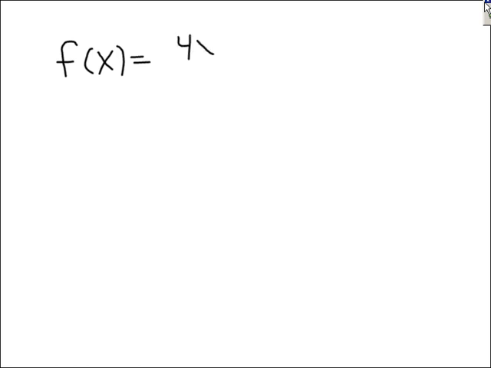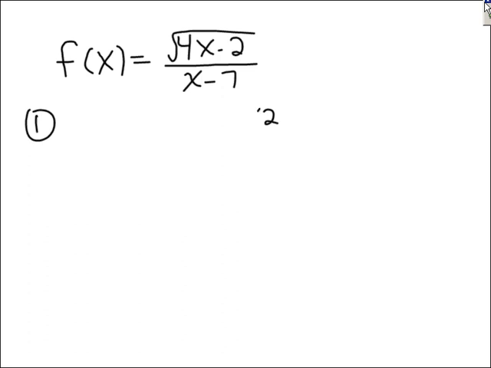So you have 4x minus 2. Well, you know, let's not do this one yet. Suppose you have this. Okay. There are two steps. Step 1, step 2, and then the third step is to put it together.